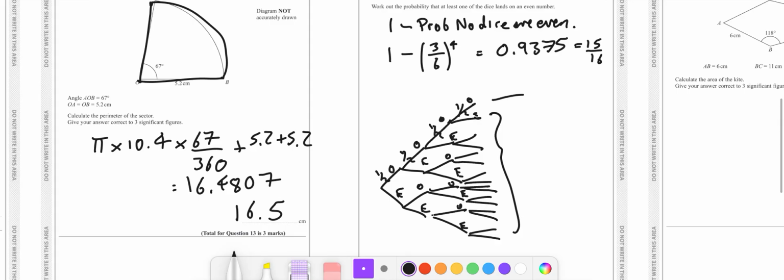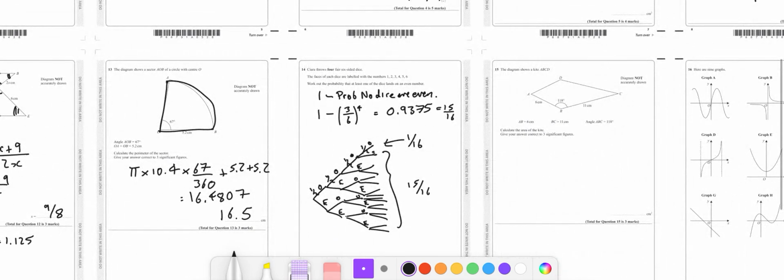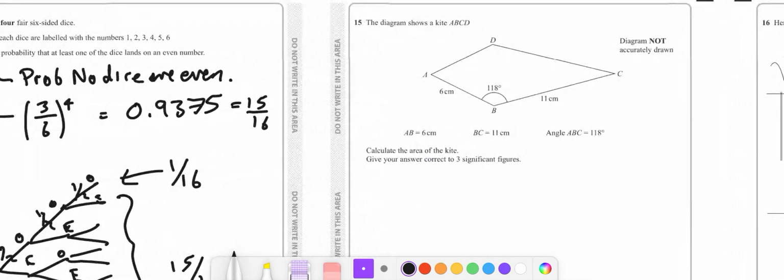So this one is your 1 out of 16, so all of the others added together is 15 out of 16. Yeah, that gives you a picture as to how to do it as well.